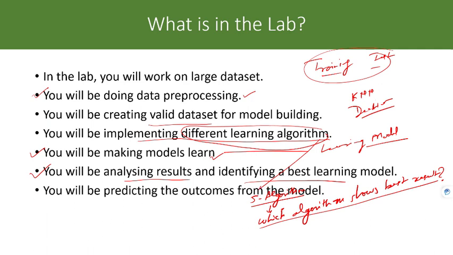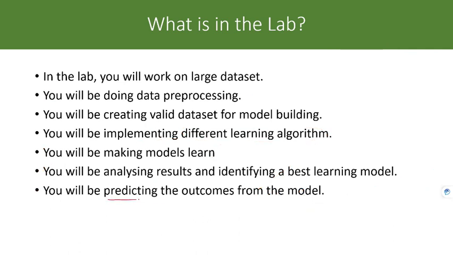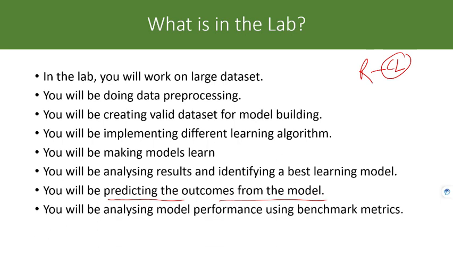Then apply predicting the outcome from your model. So implement your model for predicting. You need to check whether your model is predicting the correct result, the correct class label, or not. Then analyze model performance using benchmark metrics.